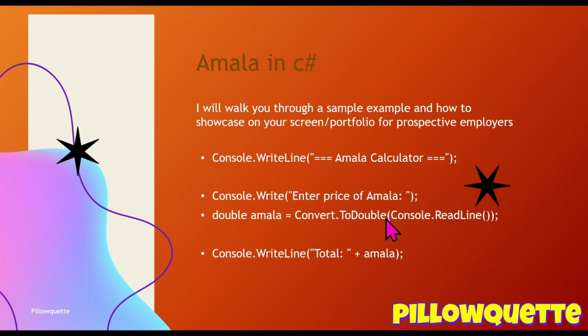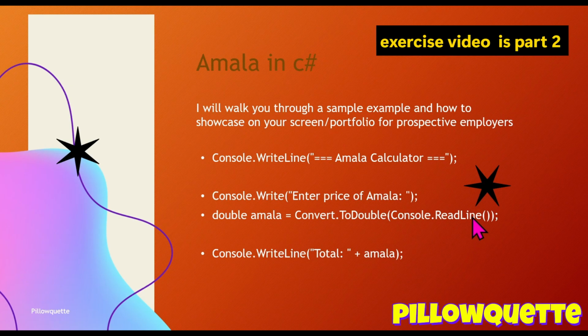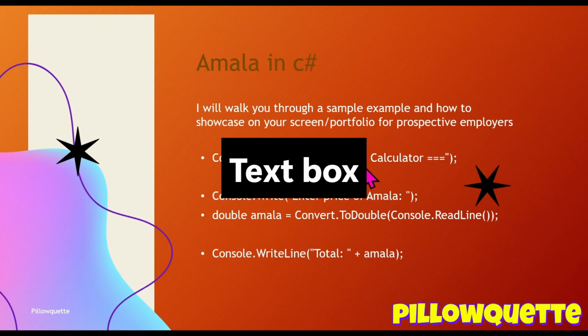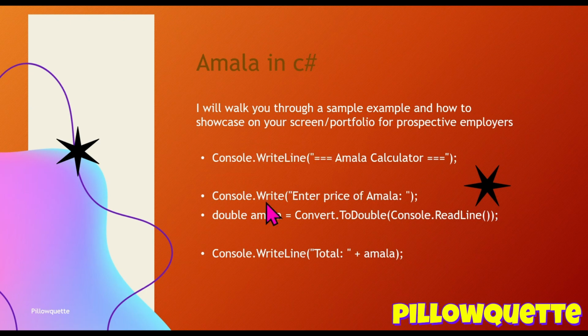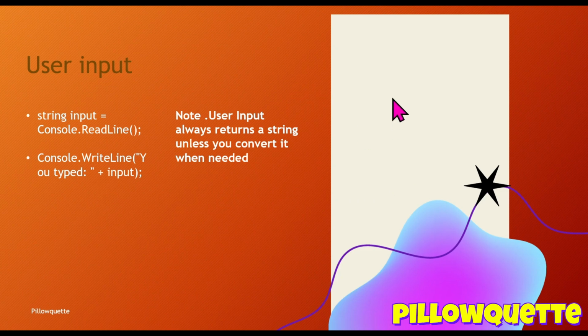We're trying to convert this to a double, and we want the user to put something in here. And then Console.WriteLine, we're going to output the total of the amount that this user put in plus amala. We're going to have a lesson on that later. Let's just continue. Then we have the string user input.